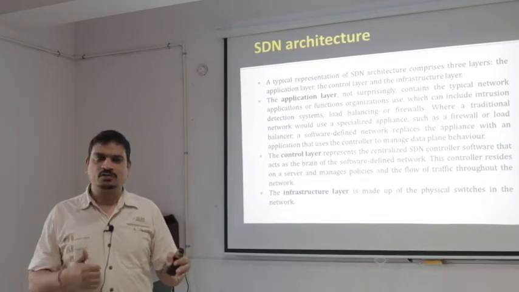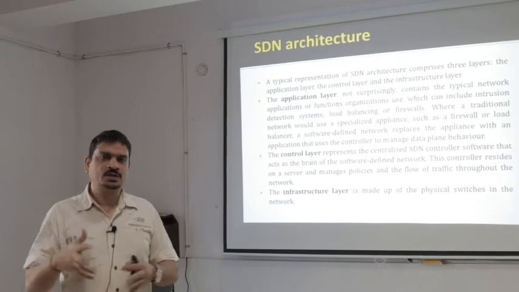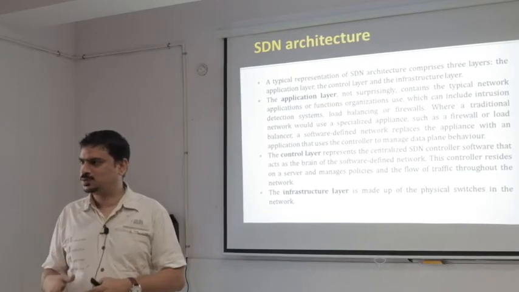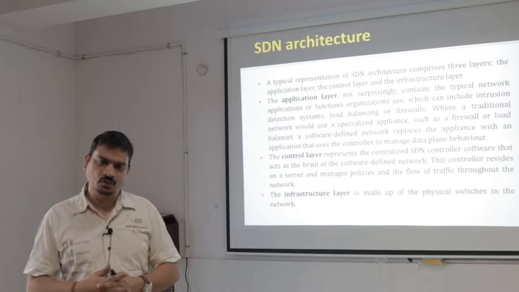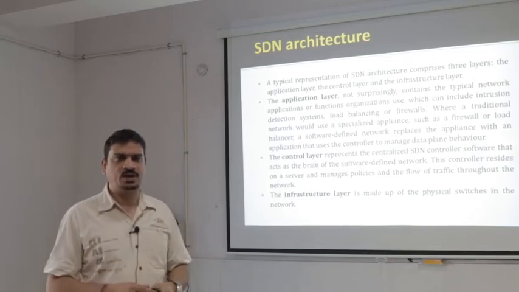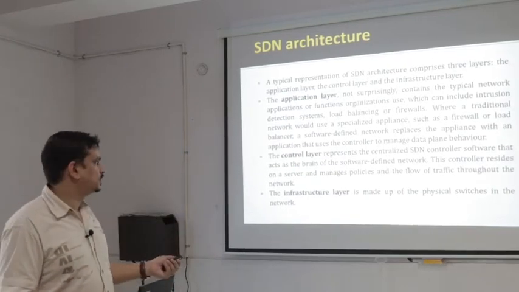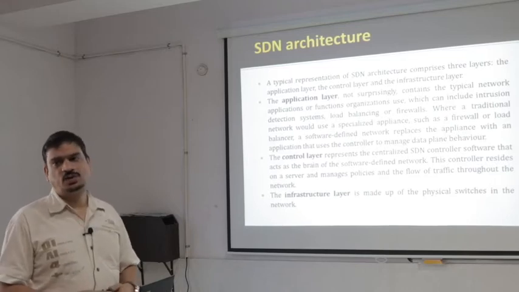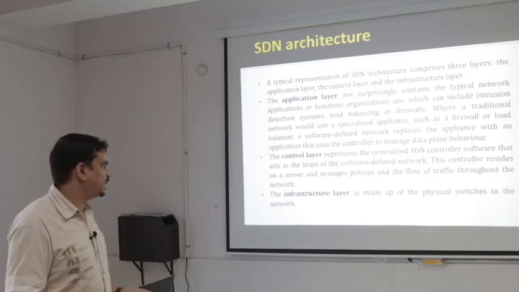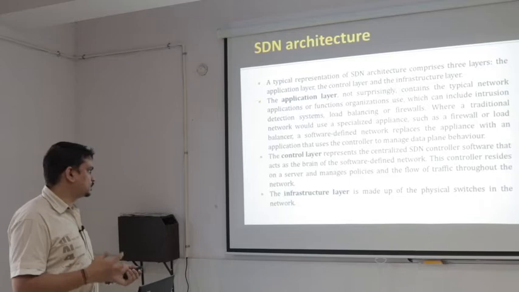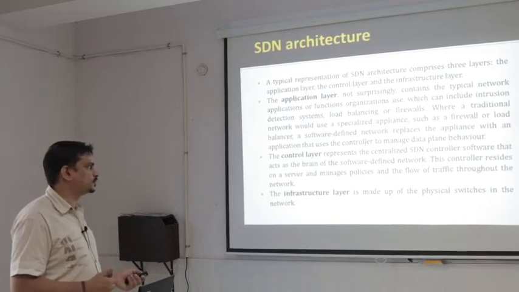It can configure the switches and the routers, in which particular route data has to flow. All this can be done with this centralized SDN controller, and that is called the brain of this particular software defined network.